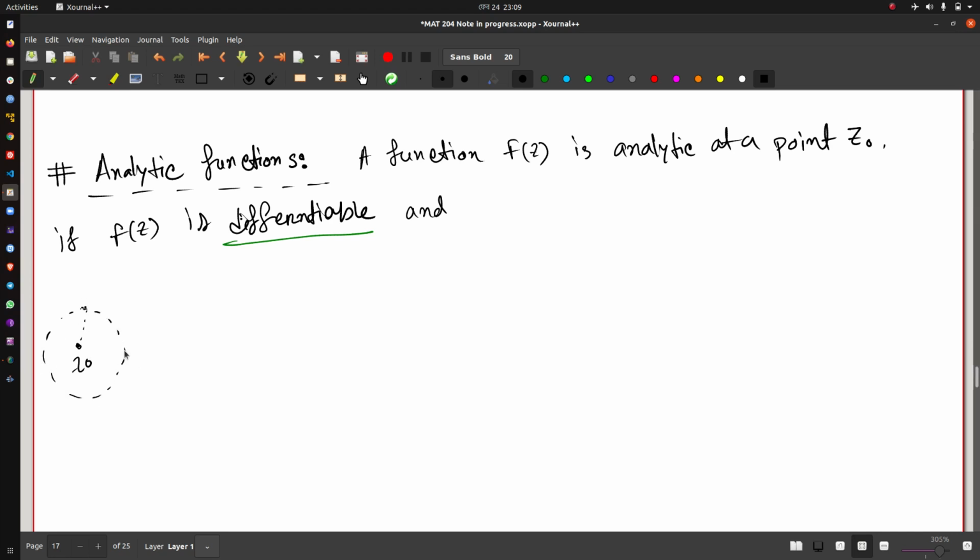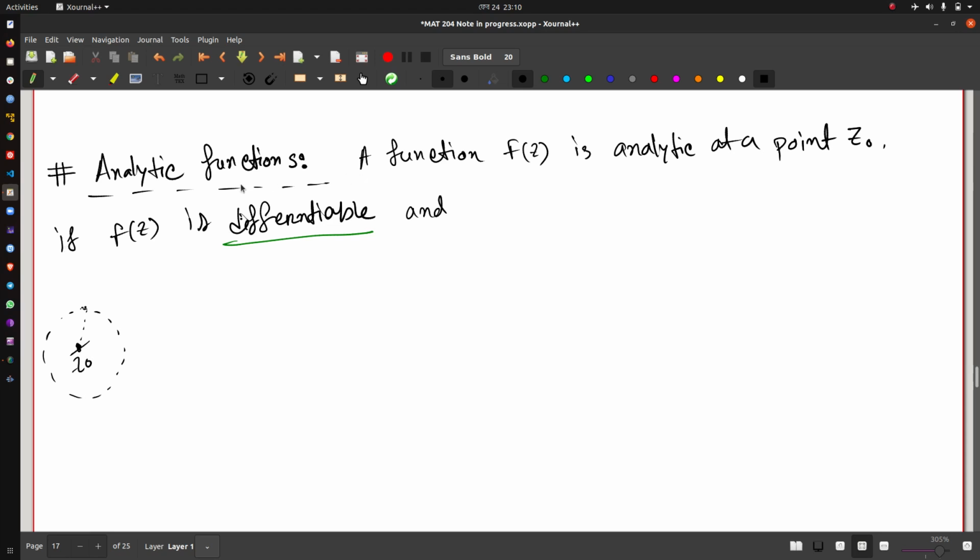If you have a function that is differentiable at this point and also inside this neighborhood, then that function is analytic. If a function is differentiable only at z naught, but inside a small neighborhood around it the function is not differentiable, then that is not an analytic function. So there is a very subtle difference.